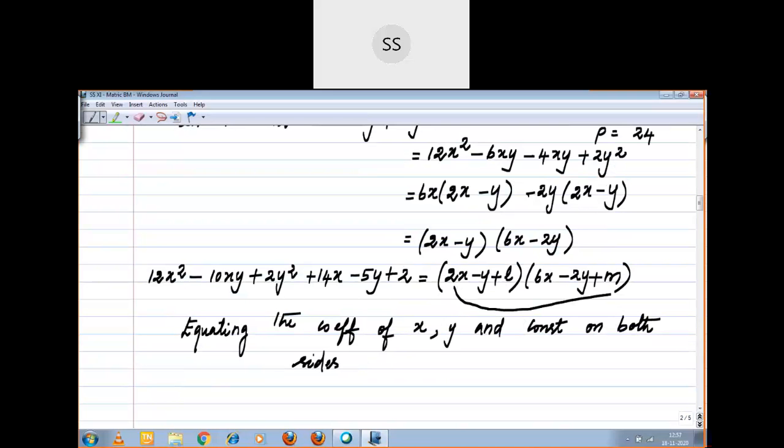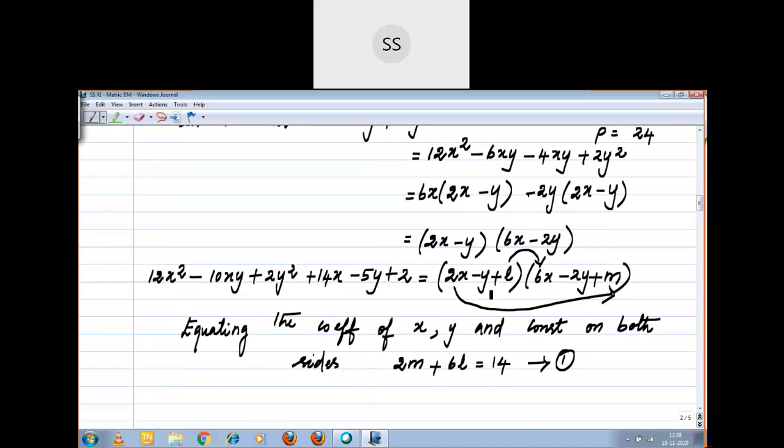Here you have to listen carefully, children. See here, coefficient of x. 2x when you multiply with M, you will get 2M. Then, when you multiply L with 6x, you will get the coefficient of x, that is 6L. So 2M plus 6L equal to 14. That is equation number 1.